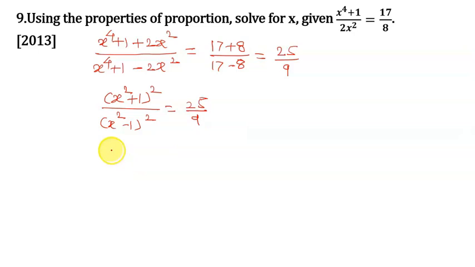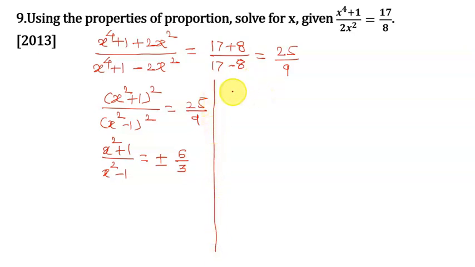Take square root on both sides, then you will get here x square plus 1 upon x square minus 1, and that's equals to plus or minus 5 upon 3. Now first we will take here x square. Okay, see this here, x square plus 1 upon x square minus 1 is equals to 5 upon 3.